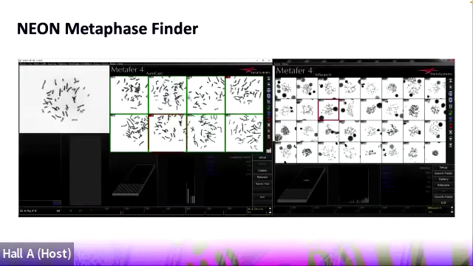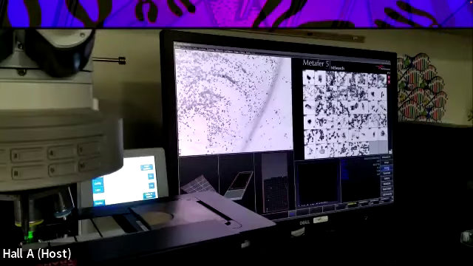This is something that can be done while the tech is doing another analysis, working on any other study in the laboratory. The slide is scanned at a fairly high speed, and images are captured. We can then click on the thumbnail, and the karyotype can be completed.